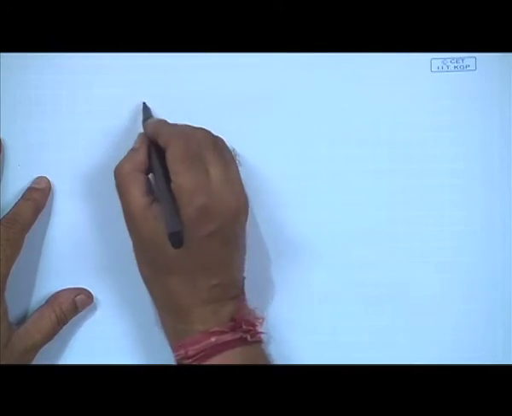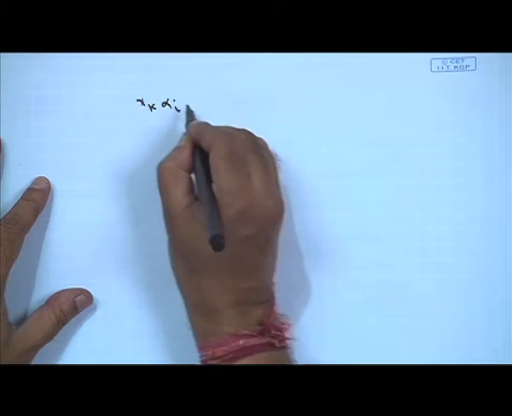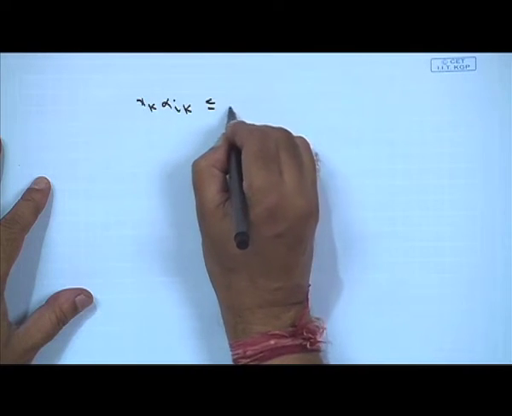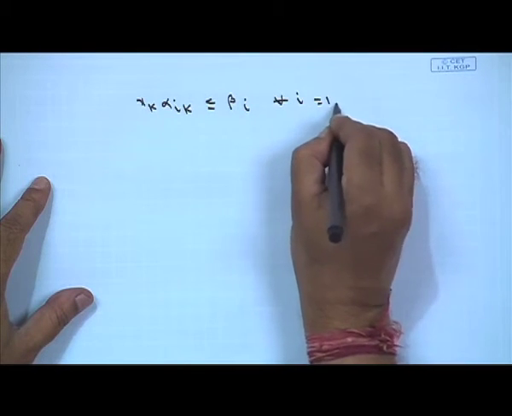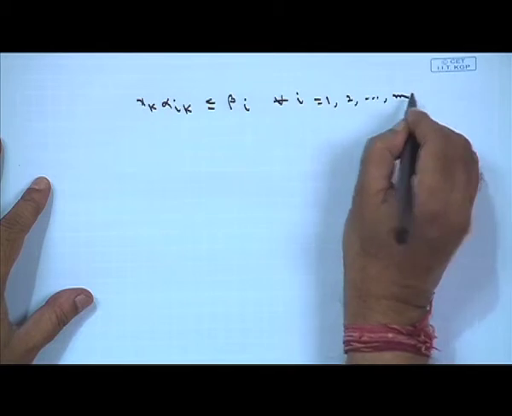Now, from here we can write x_k alpha_ik is less than or equal to beta_i for all i equals 1, 2, like this way m.